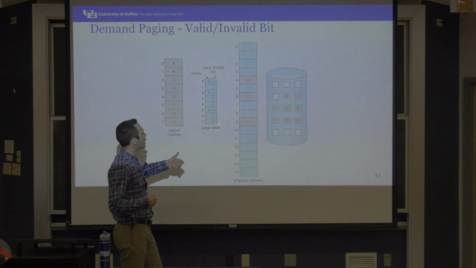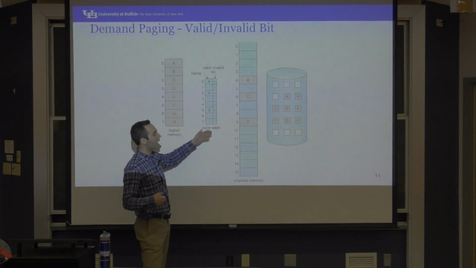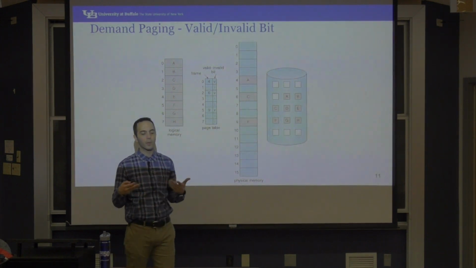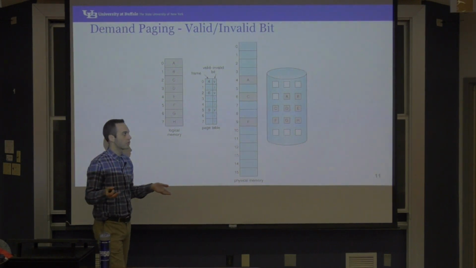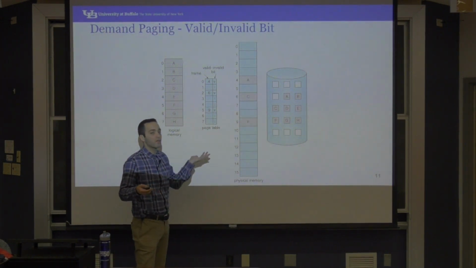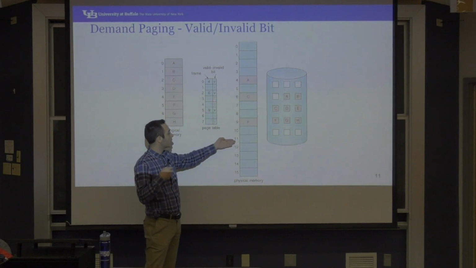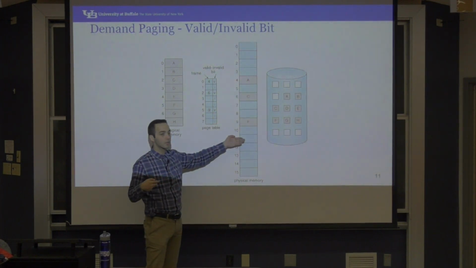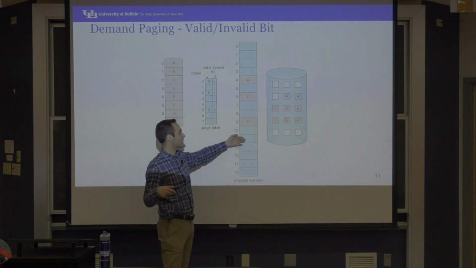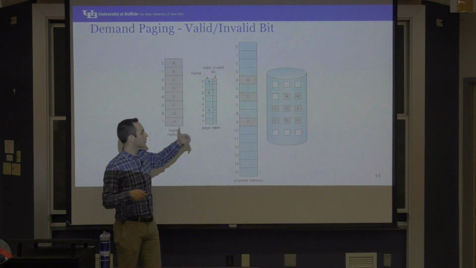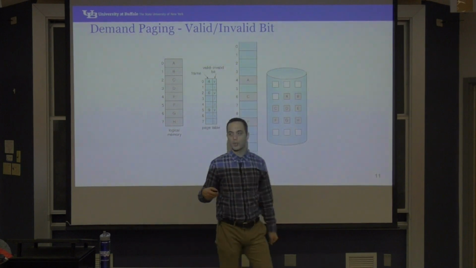The others are invalid. So this is blank because we don't care about the number, because there are some zeros and ones there anyway. If you read it, there will be a frame, maybe this frame, but because it's invalid, that means it does not belong to this process. They don't have access. This is not their page. Okay? So that's what the invalid bit does.